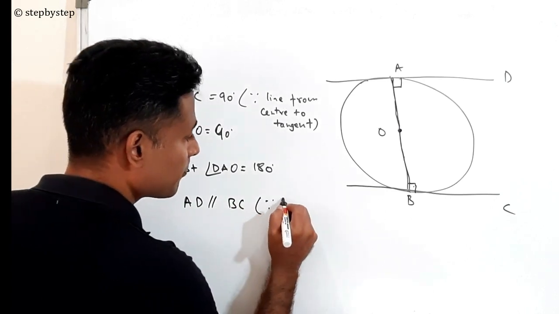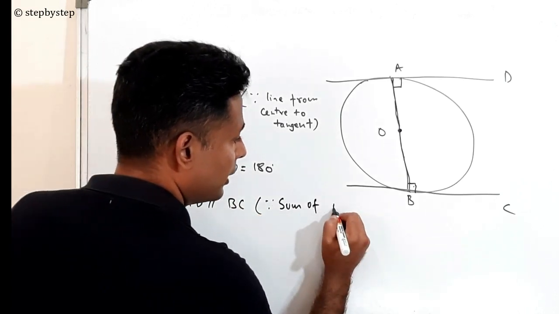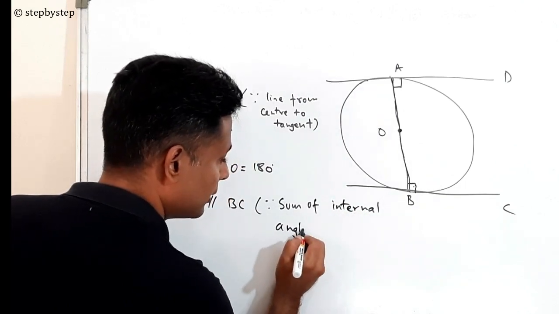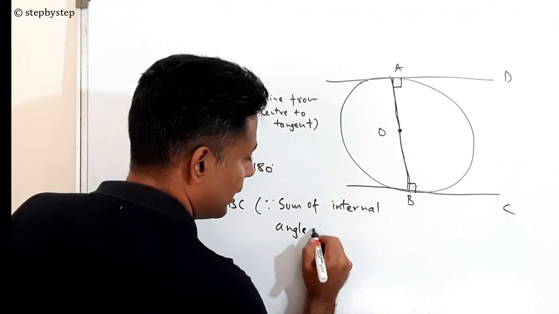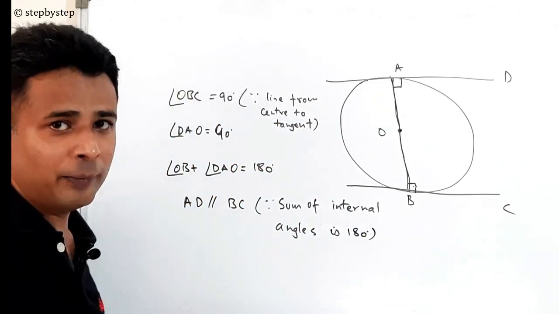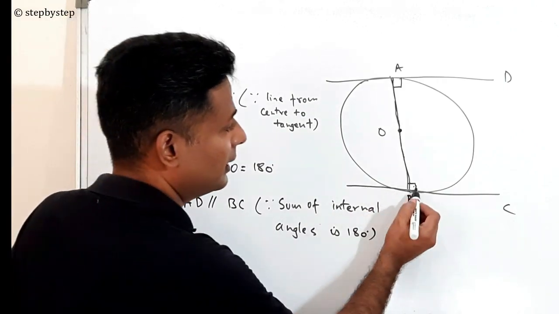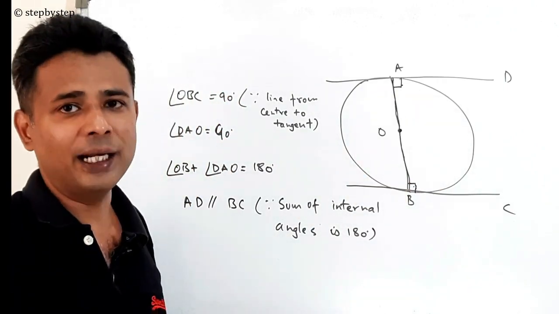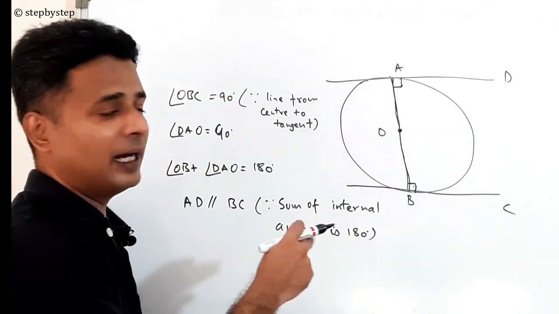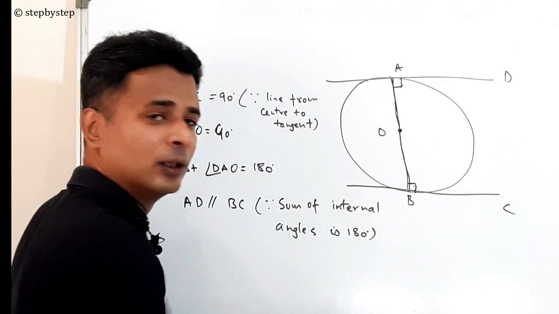What is the reason? Sum of internal angles is 180 degrees. So if you remember, how do you check whether a line is parallel? This angle plus this angle should be 180 degrees, and we have this as 90, this as 90. So this plus this is 180. Hence this line is parallel to this line.